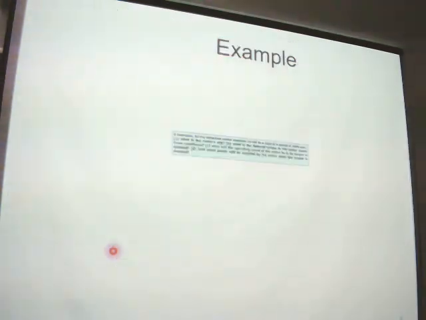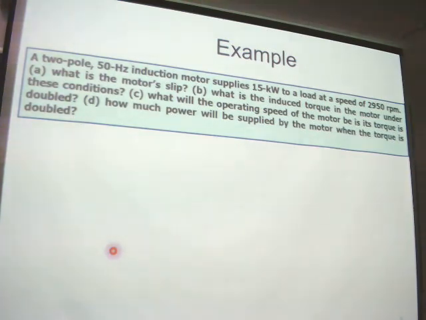So let's use a simple example. Question twofold: a 50 Hz induction motor, 15 kilowatt, and the rotor speed is 2950, nearly 3000.